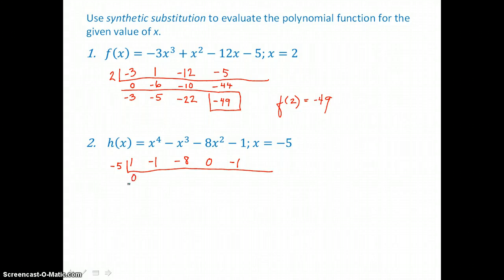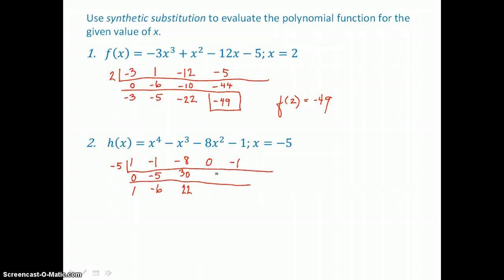I'll put a 0 in this column, and I'll add. 1 plus 0 is 1. I'll multiply. Negative 5 times 1 is negative 5, and I'll put that here. Then I'll add this column to get a total of negative 6. I'll multiply negative 5 times negative 6 is 30, and I'll add to get 22 and multiply.